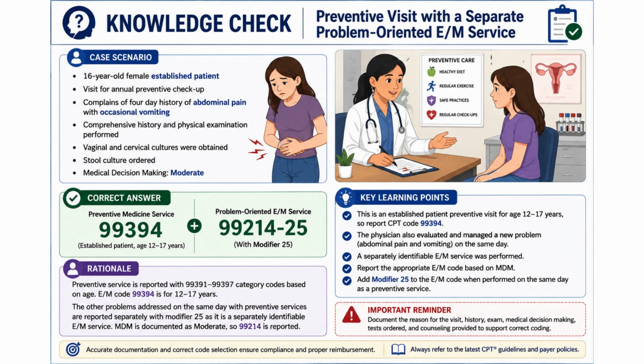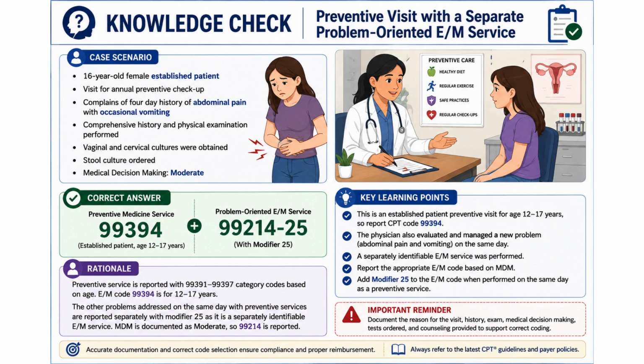Remember, Modifier 25 is used only when the physician performs a significant and separately identifiable evaluation and management service in addition to the preventive visit. The preventive service covers routine health maintenance, while the abdominal pain and vomiting required additional assessment and management. Therefore, both services are separately reportable.